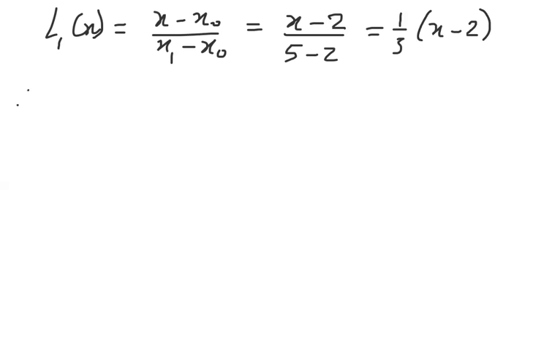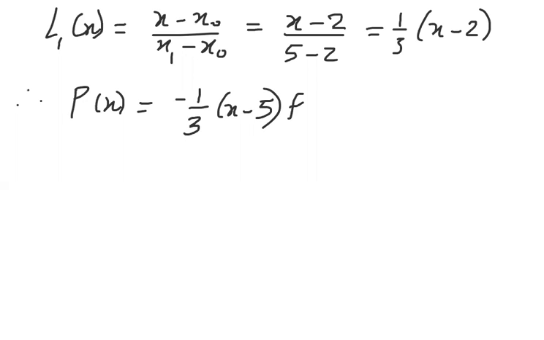So therefore, the linear Lagrange interpolating polynomial P(x) will just be given by L naught, negative 1 over 3 times X minus 5, then times F of X naught, which is just equal to F of 2, then plus 1 over 3 times X minus 2 times F of 5.